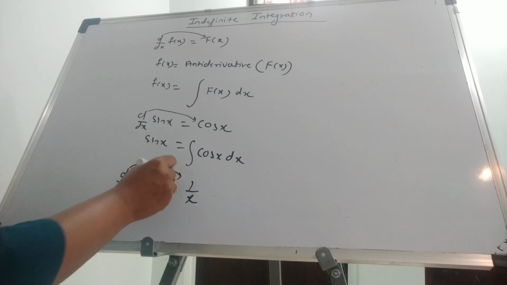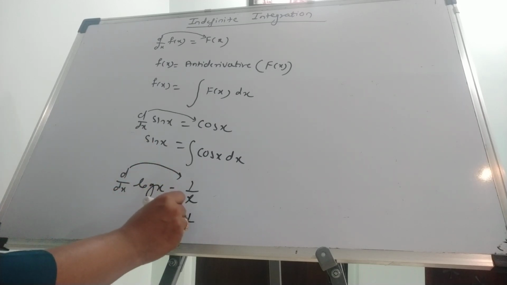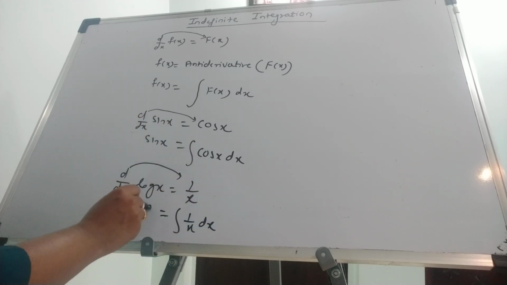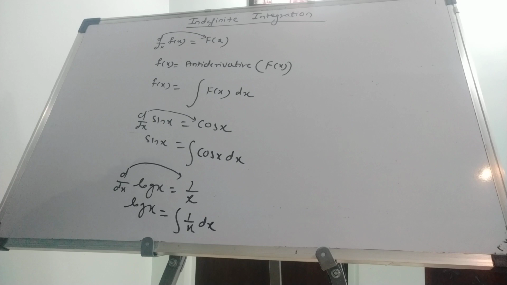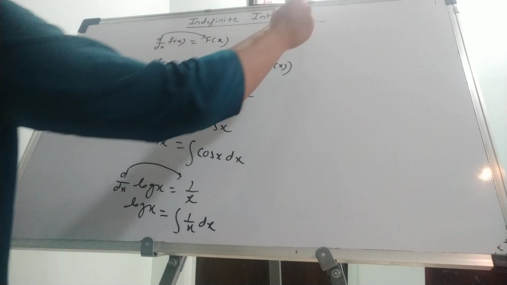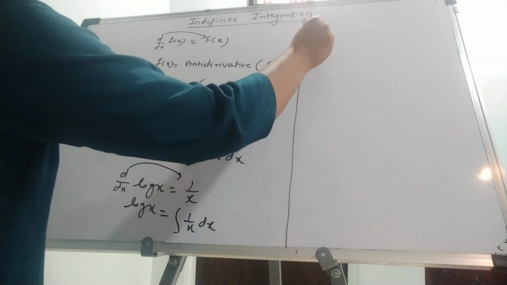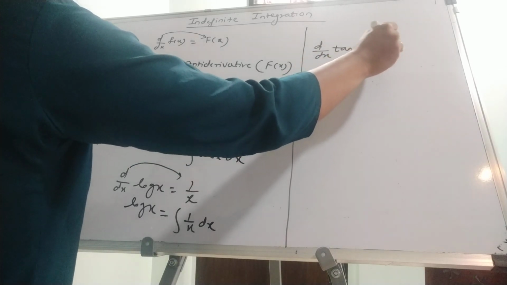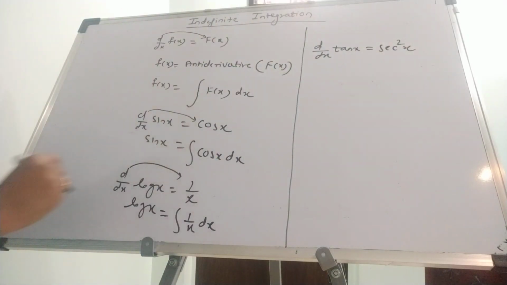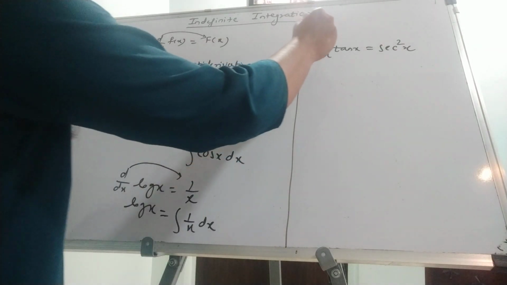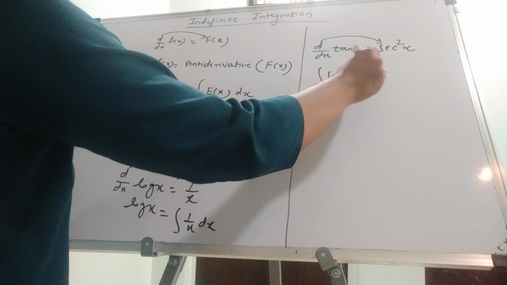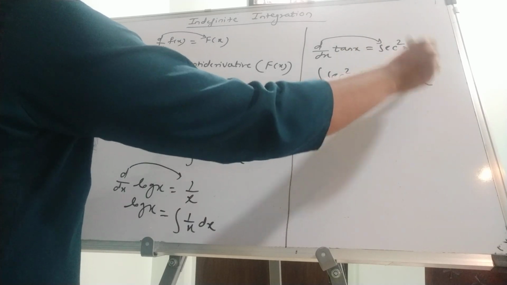If we take derivative on the other side, it is integration. So integration of 1 upon x with respect to x is nothing but log x. Now one more, derivative of tan x is sec square x. So integration of sec square x with respect to x is tan x.